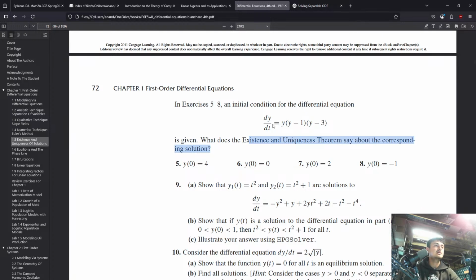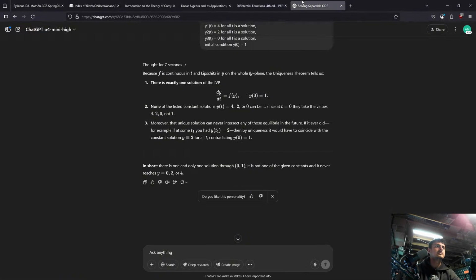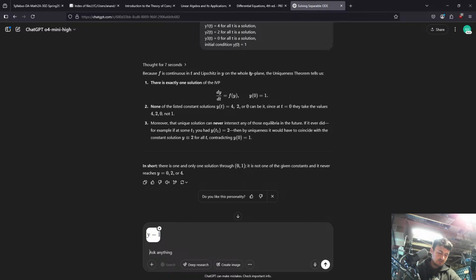All right, I am curious what the solution to this is. I'm guessing it's going to be minus 2 y to the minus 2, minus 4 times, plus 4 y to the minus 1, plus 3 ln y.